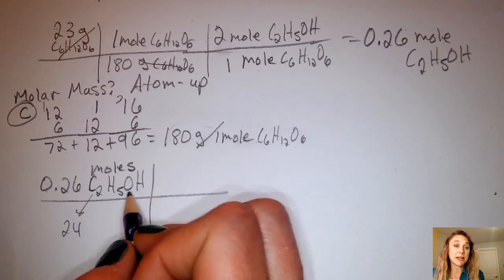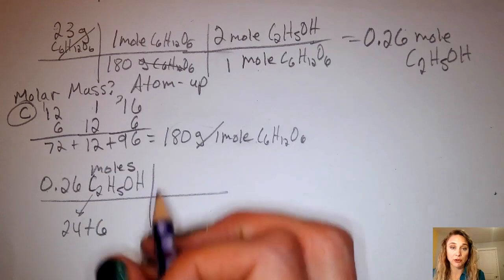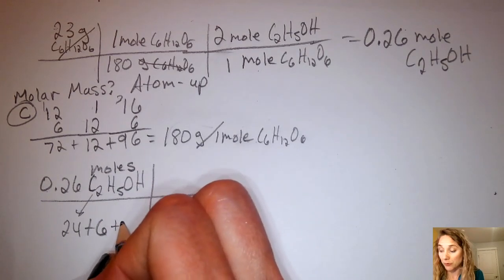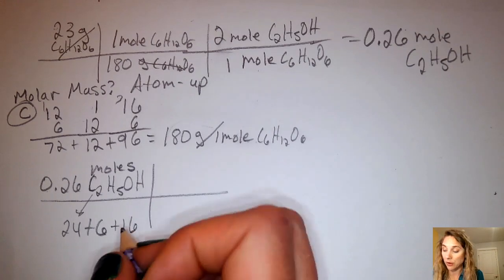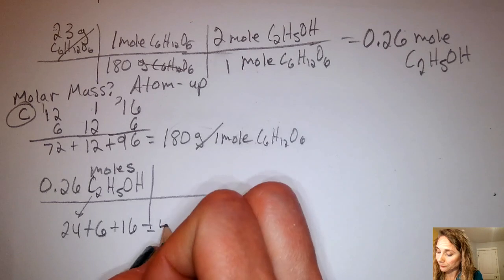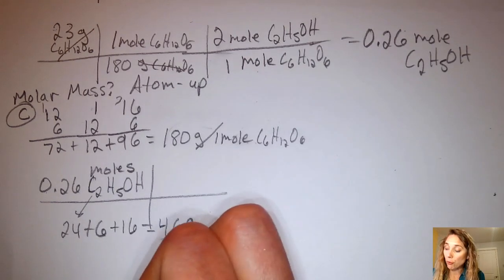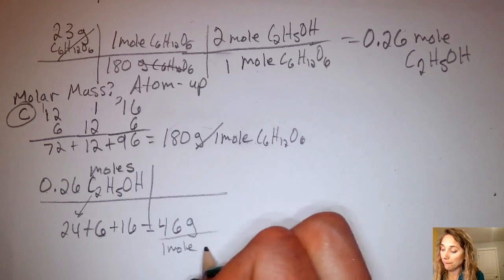The hydrogens are 1 each, so there's 6 hydrogens here. That means 6 total from the hydrogen. The oxygen is 16, and there's only 1 oxygen. We only need to add it once, okay? So what do we get? We add that up, 46, right? Okay, and that's grams per 1 mole of ethanol.